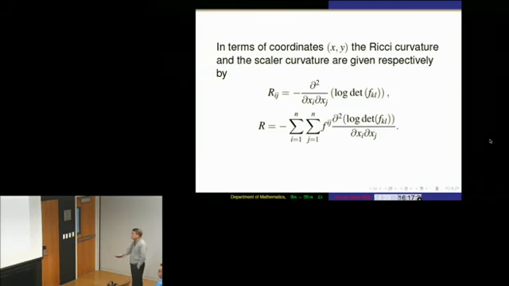In terms of the coordinate x, y, the Ricci curvature and the scalar curvature can be given respectively by these formulas, R_ij equal to this, and R equal to this.